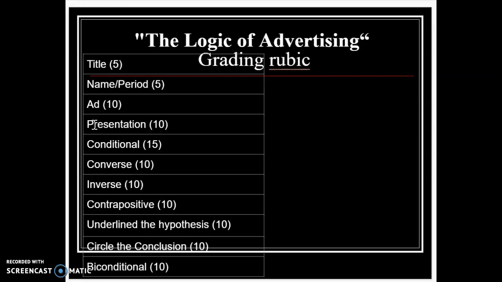The converse, the inverse, the contrapositive. You're going to underline the hypothesis. You do have an underline tool in the Google slide, and you circle the conclusion of your conditional. And then your biconditional is 10 points.